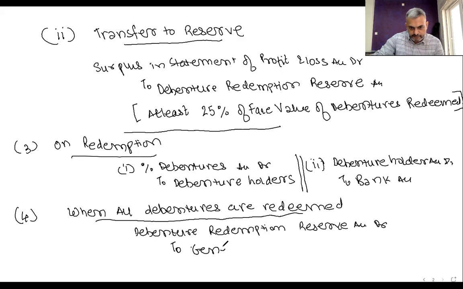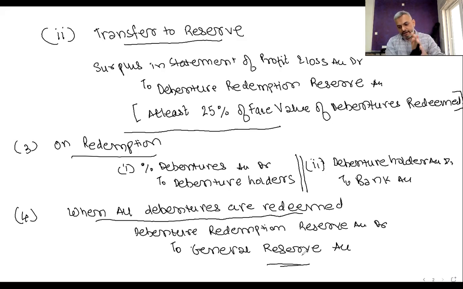Please don't forget this entry. Whatever is the balance of debenture redemption reserve. So these are the standard entries when we are redeeming out of capital.